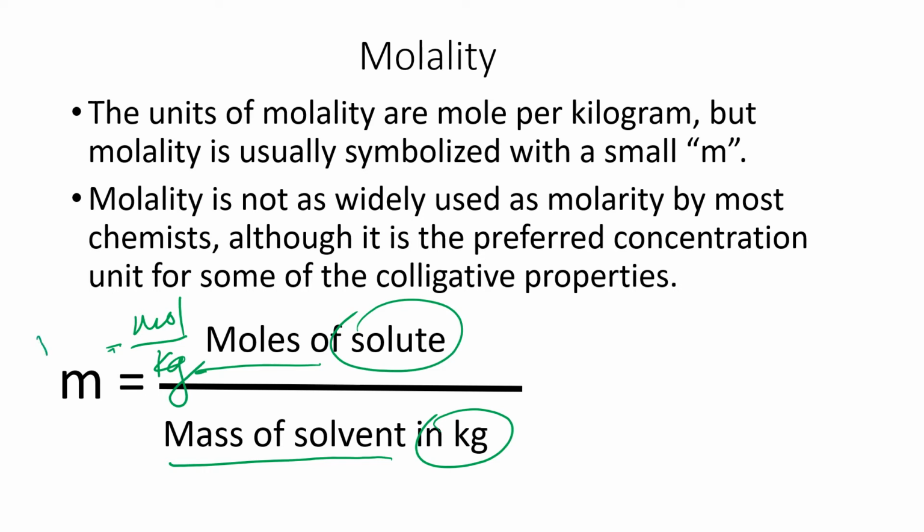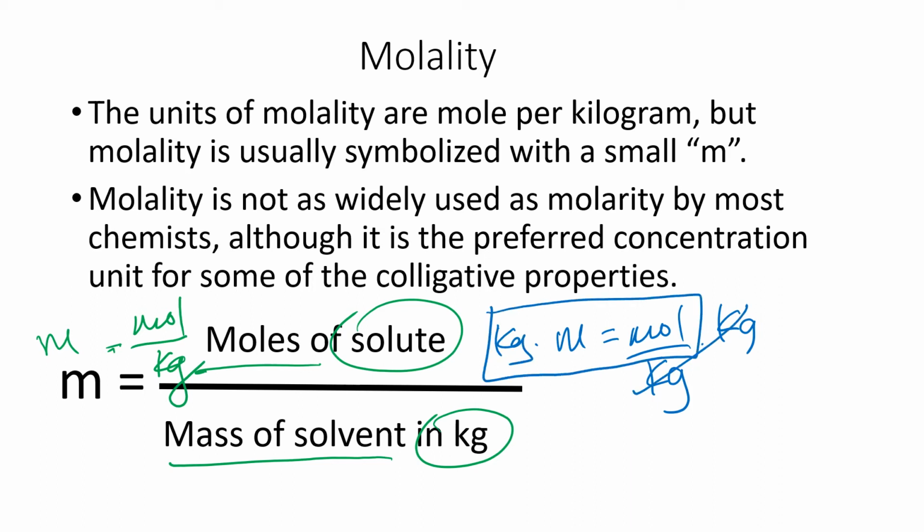That is lowercase m. So similar to before, you can rearrange this. For example, if I want to get moles by itself, I have to multiply both sides by kg. And there you go. I'm now solving for moles right there.